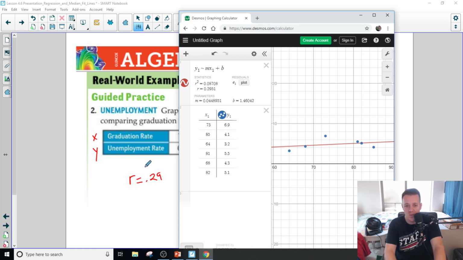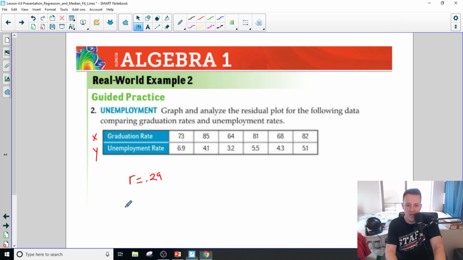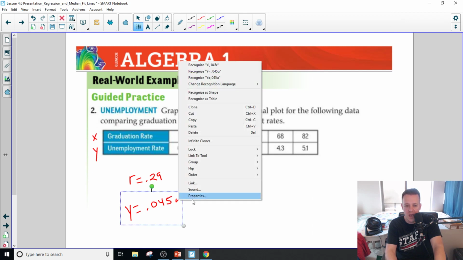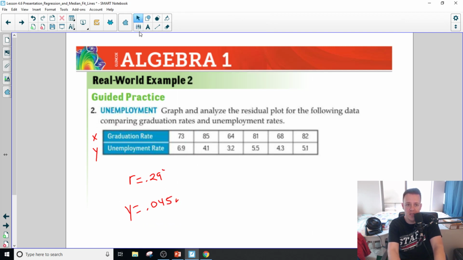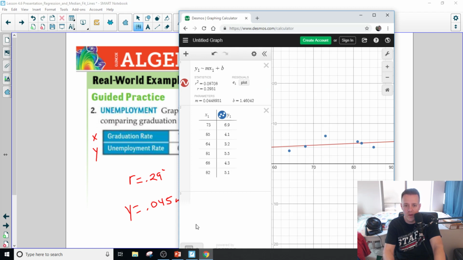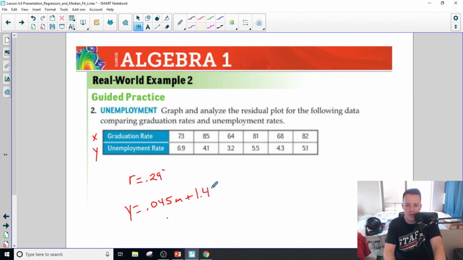My equation would be y equals 0.045m plus 1.46. But the problem is that the correlation of this is not very strong. So this is what we would call a regression line that does not fit the data well.